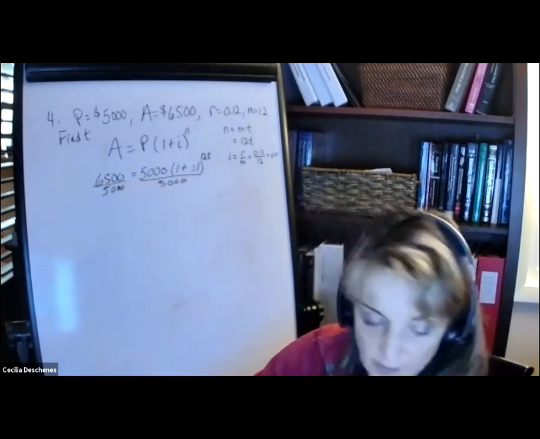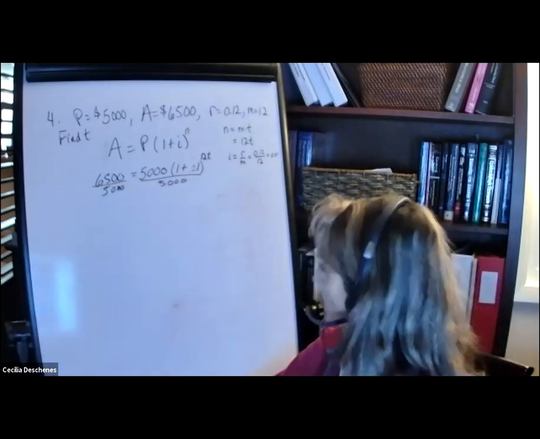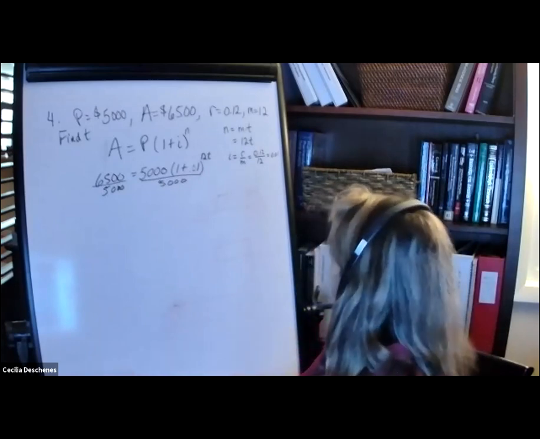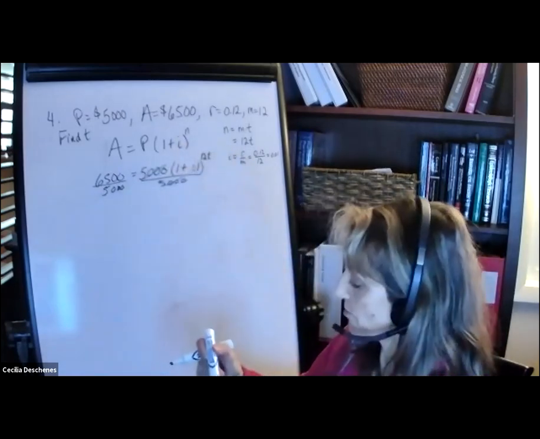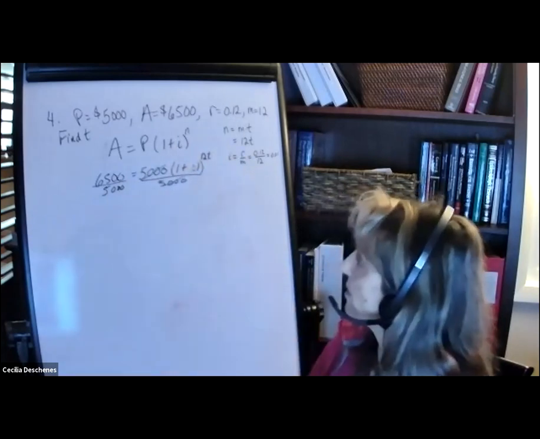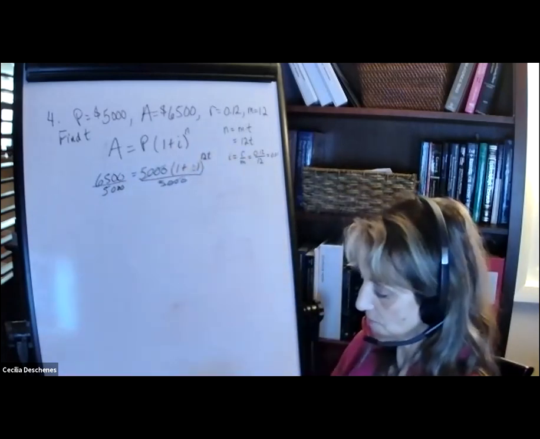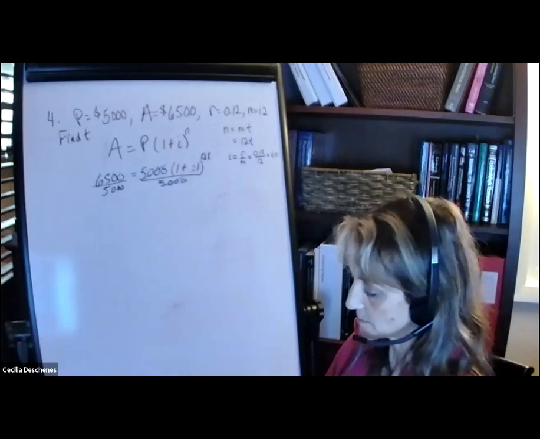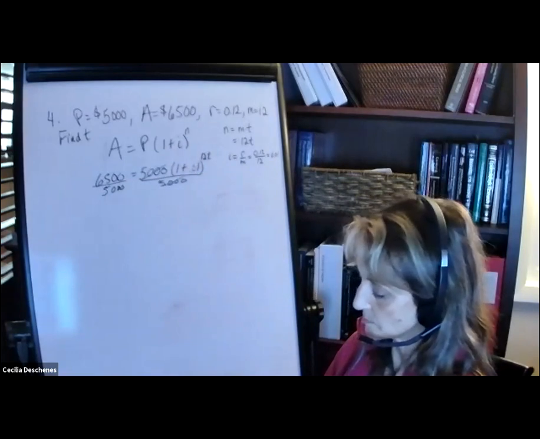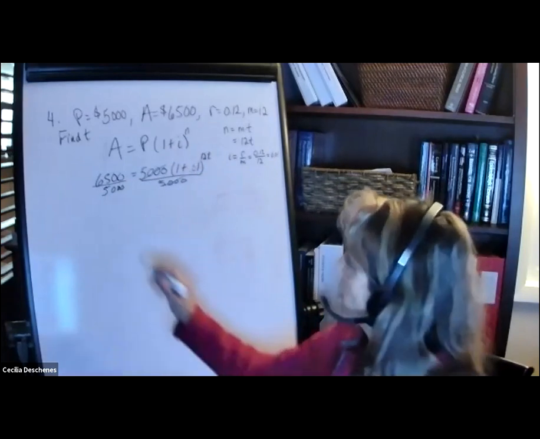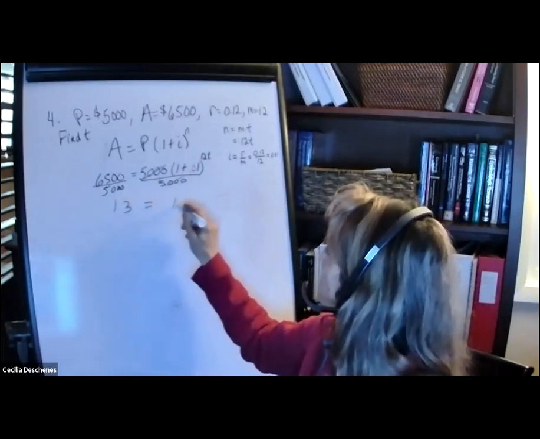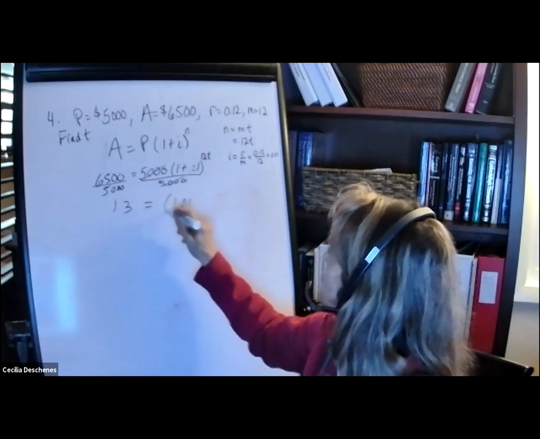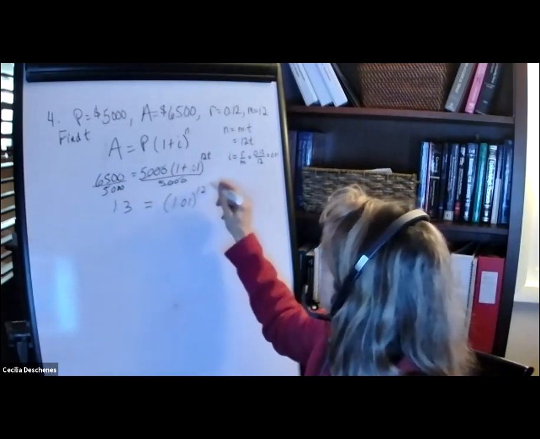This cancels out on the right, and on the left we have 6,500 divided by 5,000. So let's just do that. And we get that this is 1.3. So 1.3 equals 1.01 raised to the 12t.